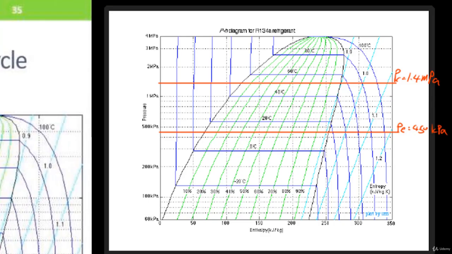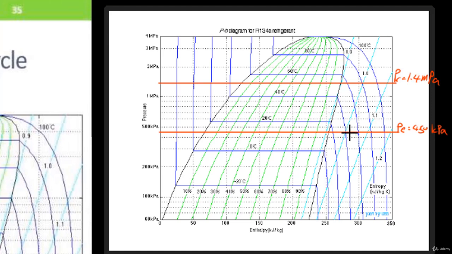Next you need to find a specific point for each of these points 1, 2, 3, and 4, such that you can complete the whole diagram. That is when you need to use the 3 temperatures that are given to you. First, let's plot point 1. Point 1 is compressor inlet, and it has a temperature of 40 degrees Celsius. You know that point 1 is always at the bottom line, at the evaporating pressure line.